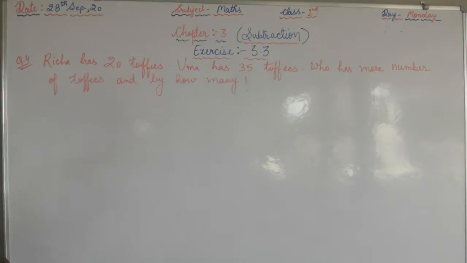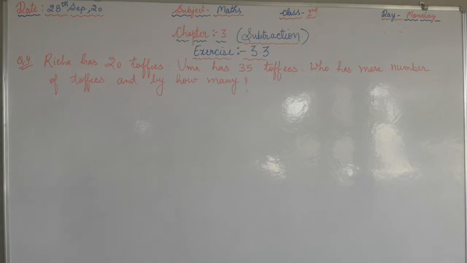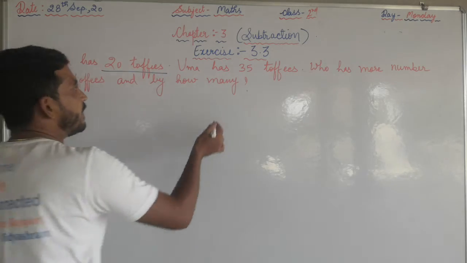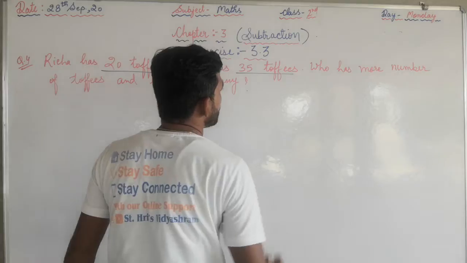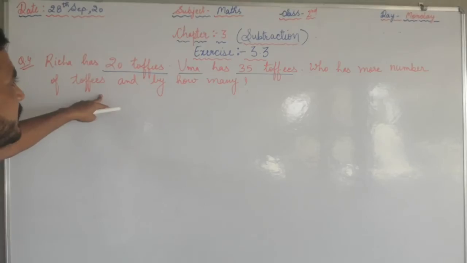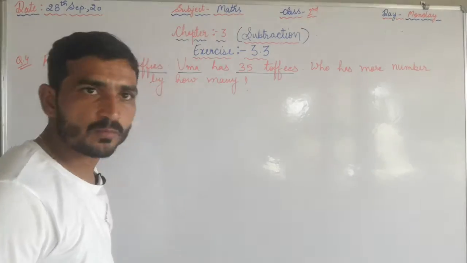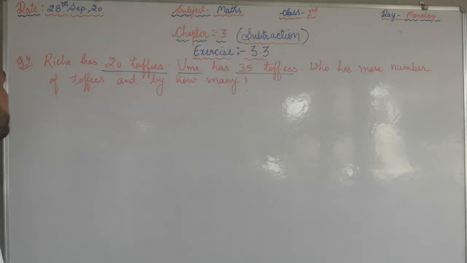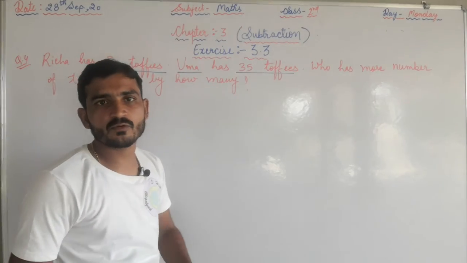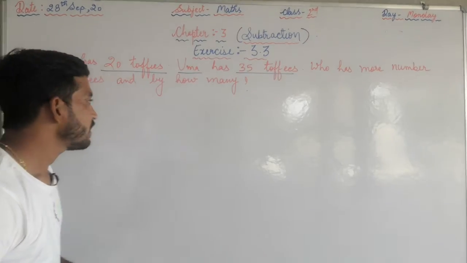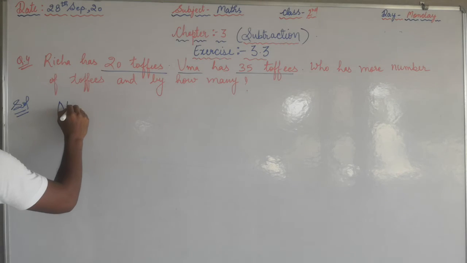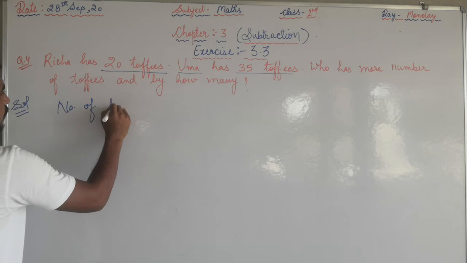These types of questions we already discussed. See here, Richa has 20 toffees and Uma has 35 toffees. Who has more toffees? Obviously Uma has more toffees than Richa, and by how many? You have to find the difference.